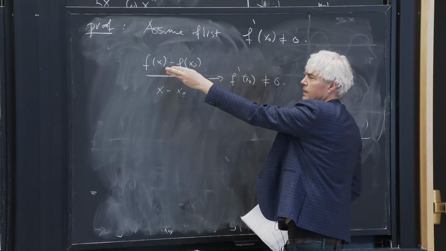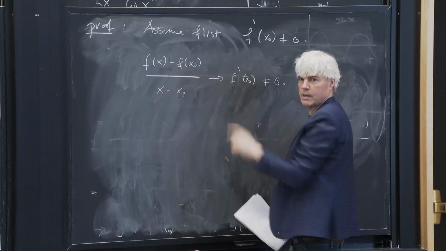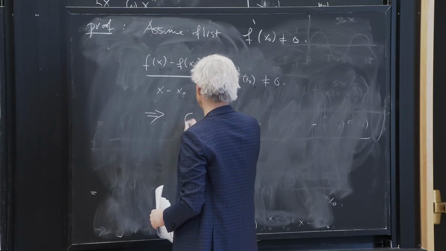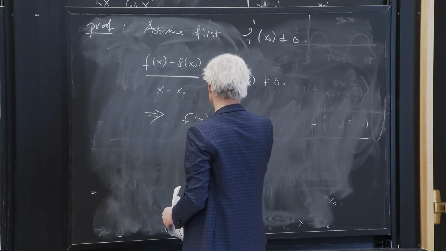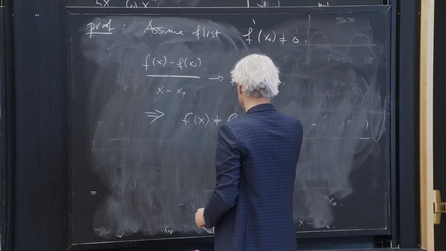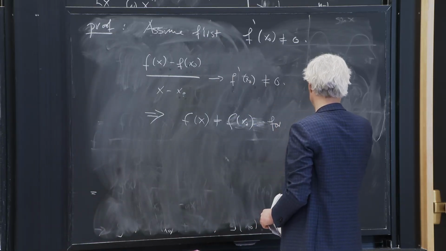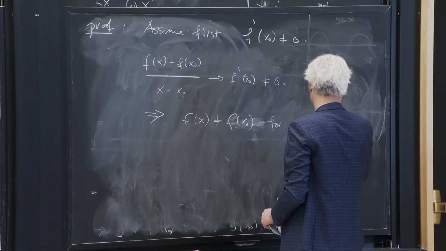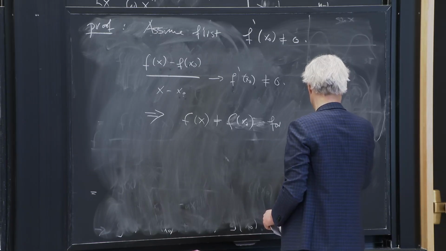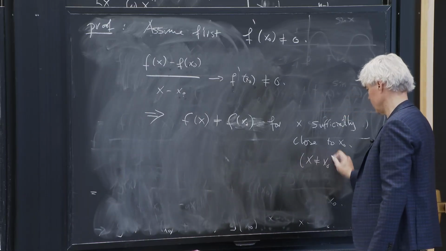But then it means that if you are very close to x0, f of x cannot be equal to f of x0. So this implies that f of x is not equal to f of x0 for x sufficiently close to x0. I'm always assuming, of course, that x is not equal to x0.